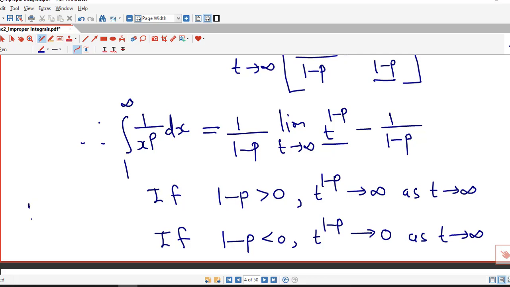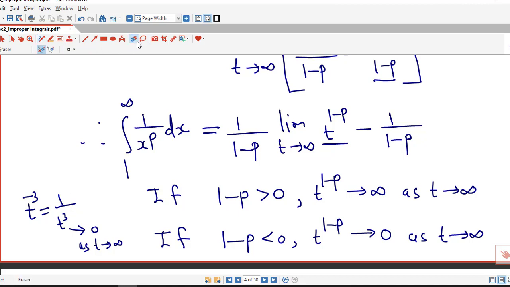Suppose 1 minus p is minus 3, then t raised to minus 3 is 1 upon t raised to 3, which tends to 0 as t tends to infinity, because 1 by infinity is 0.